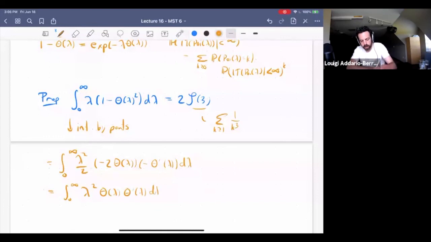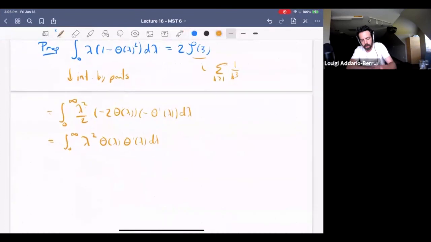Okay, and now, because theta is the Poisson survival probability, we know that it's 0 for lambda between 0 and 1. So we only have to do this integral from 1 to infinity. The integrand is 0 from 0 to 1.